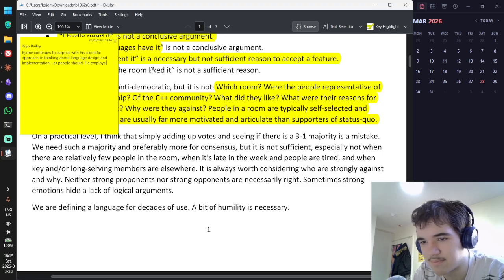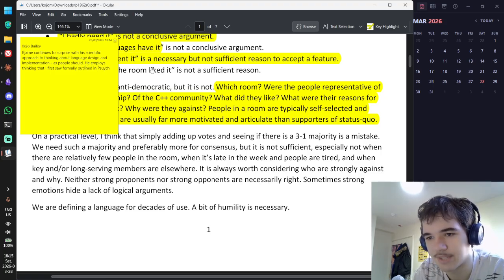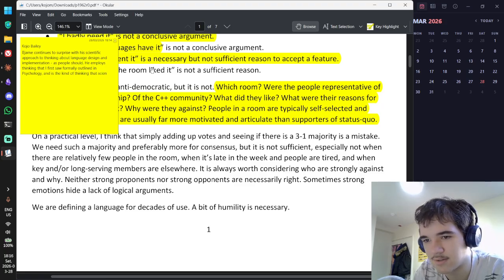He employs thinking that I first saw formally outlined in psychology, and is the kind of thinking that science, or fields of research in general, would benefit from massively if more people adopted it.